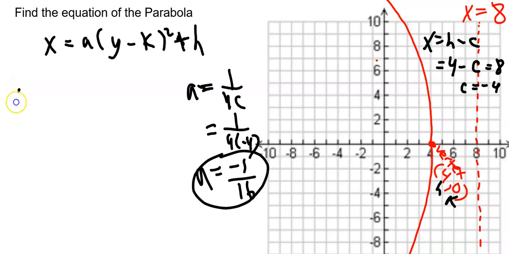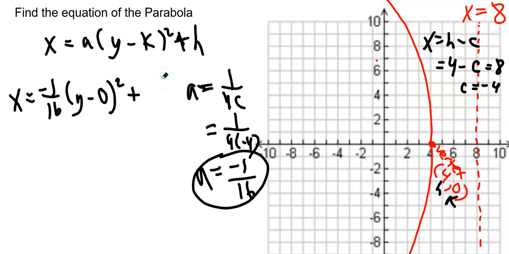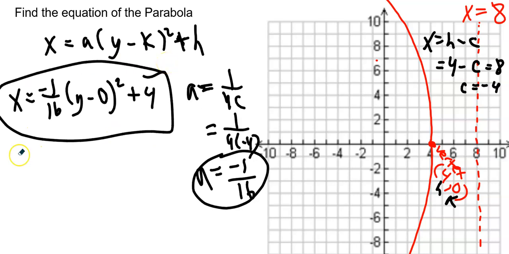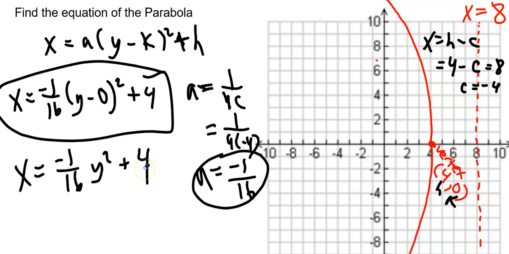So my equation will be x equals negative 1/16, y minus k, which is 0, squared plus 4. And you could just simplify that if you want to show off to your math friends. Y squared plus 4. You don't really have to write the minus 0 there. That's your equation for that sideways parabola.